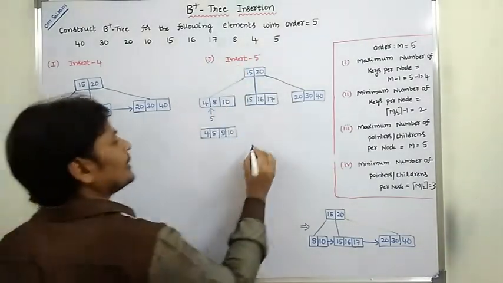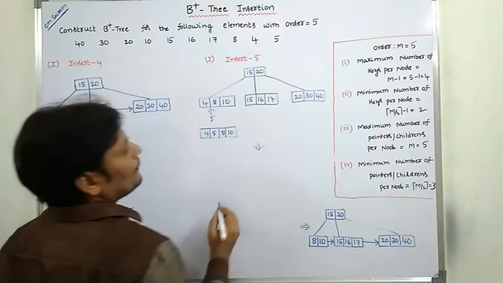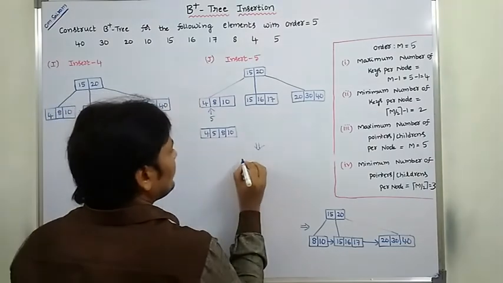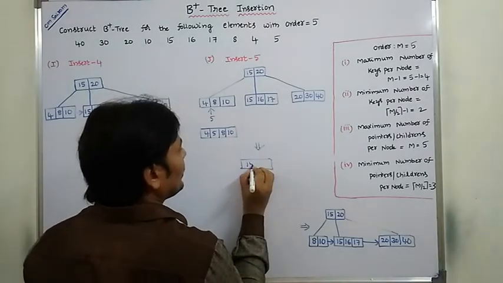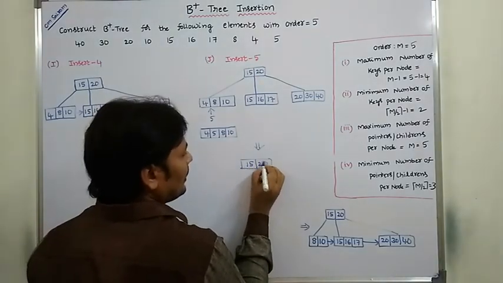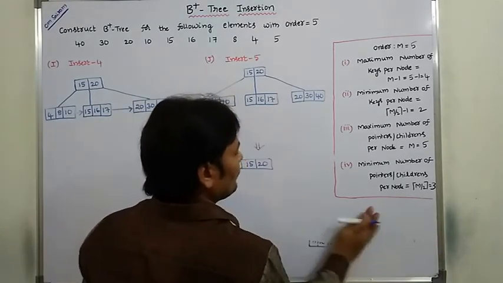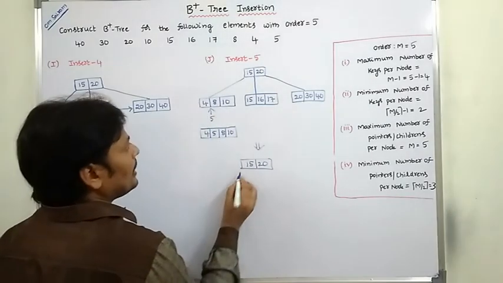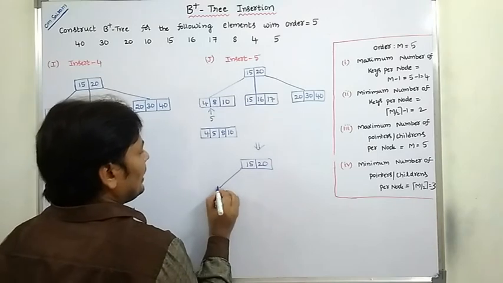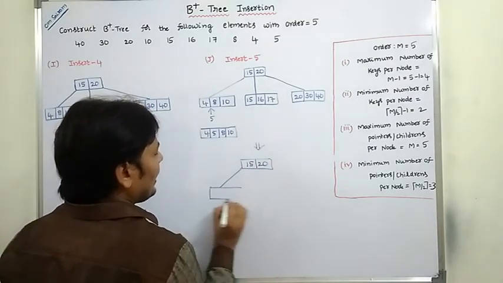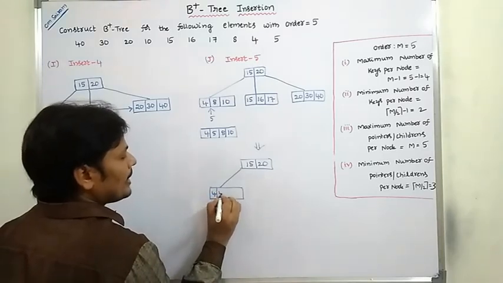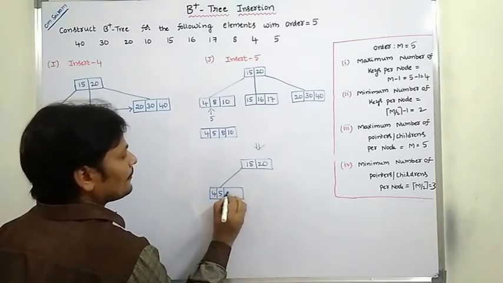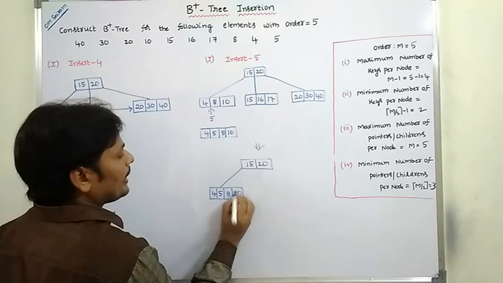So after inserting 5, the resultant B plus tree is: the root node contains 15 and 20. Now 15's left subtree contains a node that contains 4 key elements, 4, 5, 8 and 10.